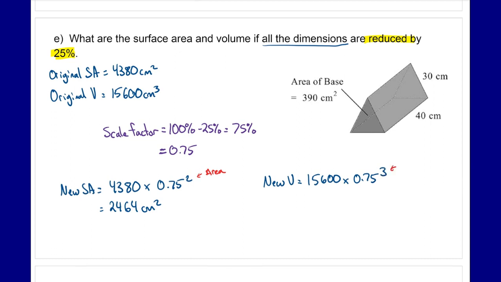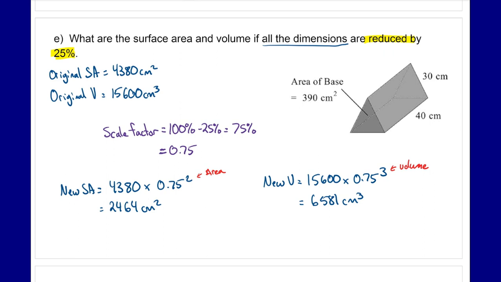And that is because we're dealing with volume, and volume is a cubed unit or measurement. So 15,600 times 0.75 to the power of 3, we get 6,581 centimeters cubed. So that would be our new volume if we reduce the dimensions by 25%.